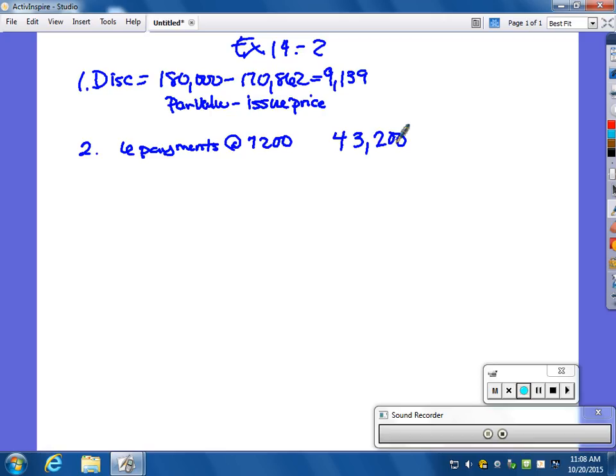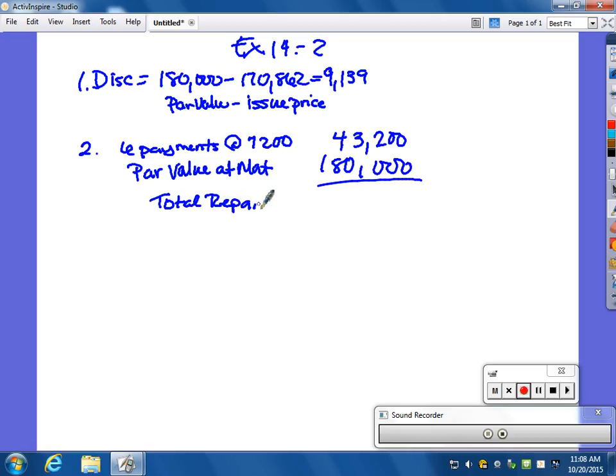The par value at maturity, which was 180,000, and then the total repaid, which was just adding the 43,200 to the 180,000, which was 223,200.